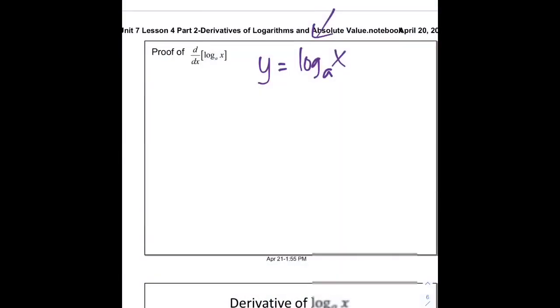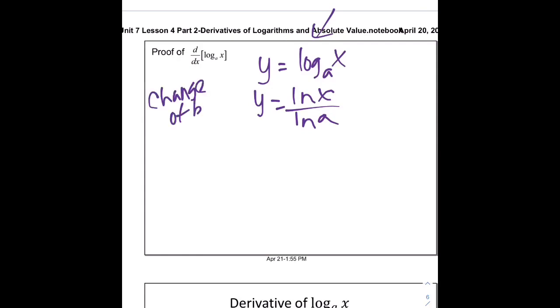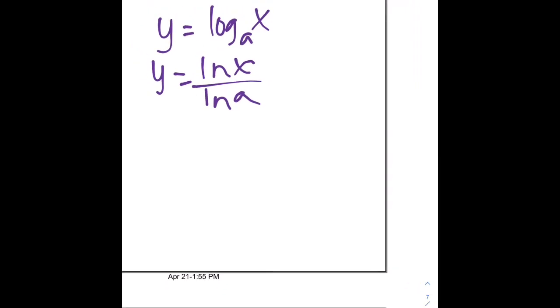If I rewrite this as y equals the natural log of x over the natural log of a using change of base, this is now in a format where we do have a derivative rule, because I can find the derivatives of natural logs. I furthermore want you to think of it like this: the natural log of a is a constant. So think of this as 1 over the natural log of a, a constant, times the natural log of x.